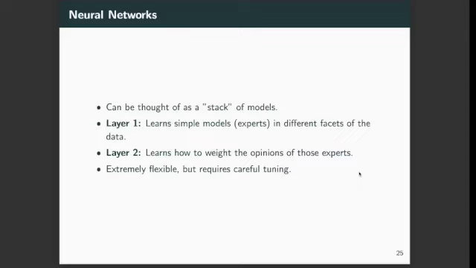So what you do in the second layer is take the weighted opinions of the experts in the first layer. A neural network is extremely flexible, and it requires careful tuning because it may cause what we call overfitting. So what exactly is overfitting?